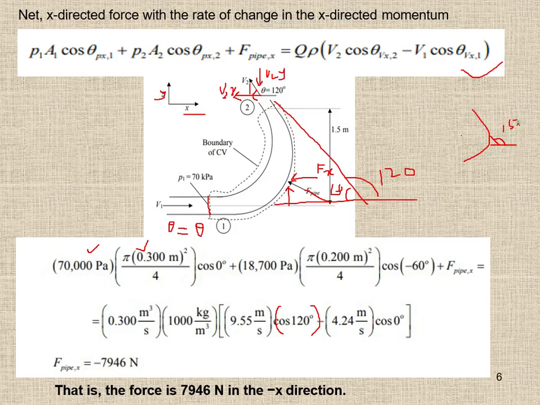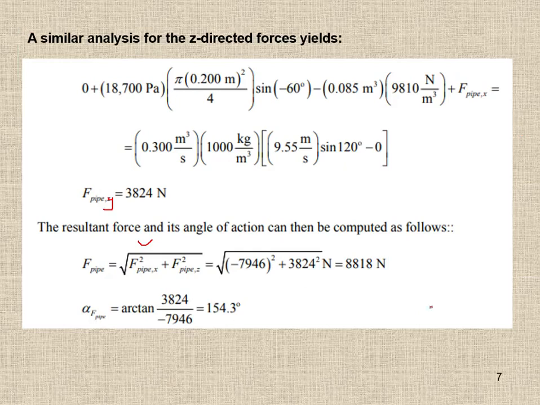As I said, if this is the elbow and this is your force F of pipe, what is the angle of 154? Take the horizontal x-axis, and this will become your 154.3 degree.